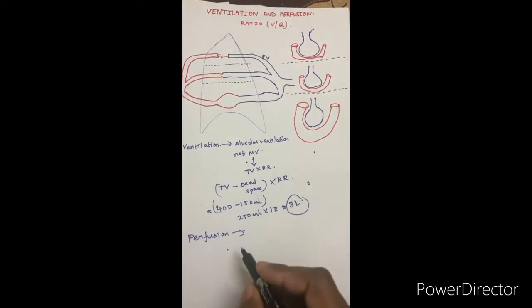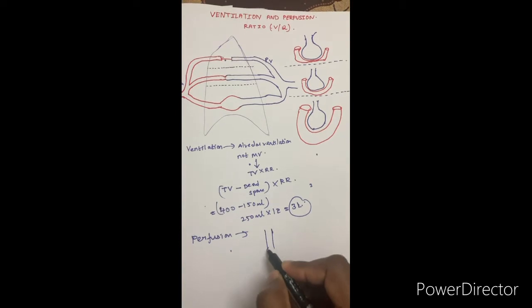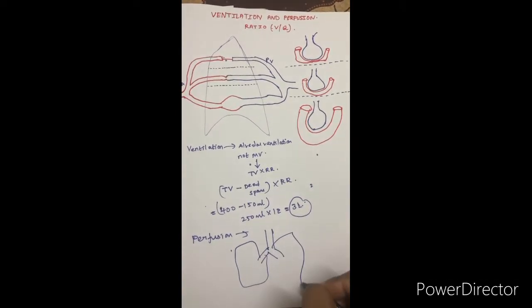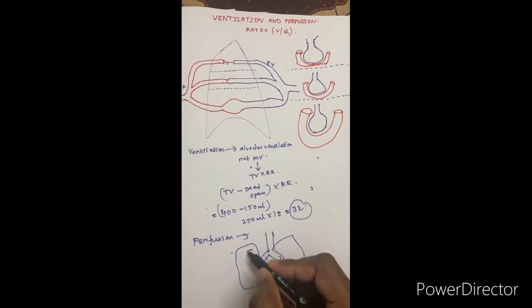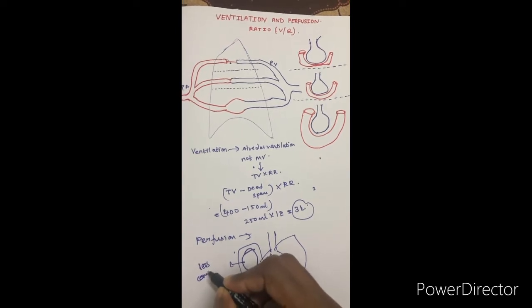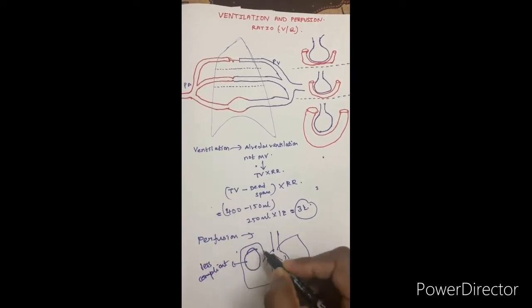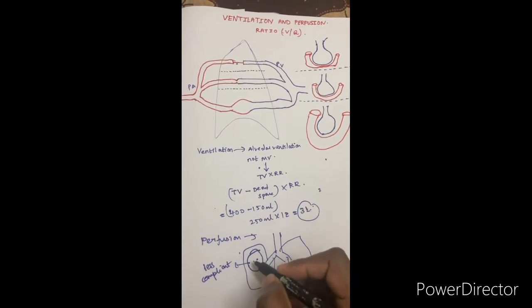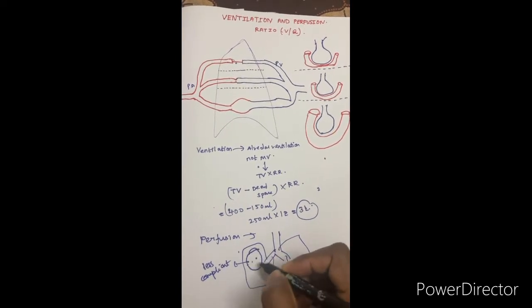In the lungs, just consider this is the normal lung. The alveoli at the apex are actually larger, stiff and less compliant. Why are they stiff?